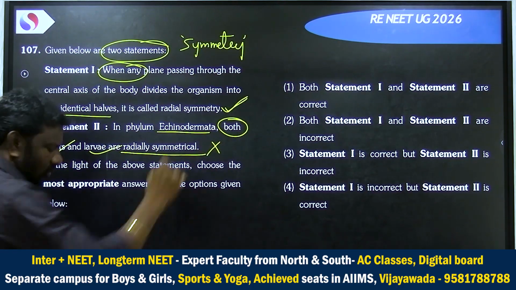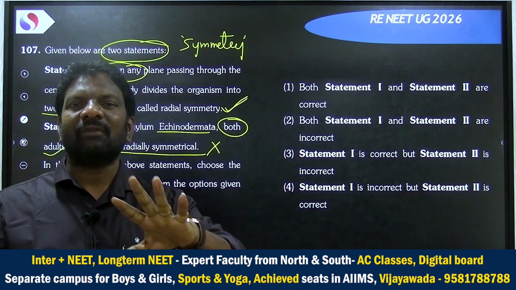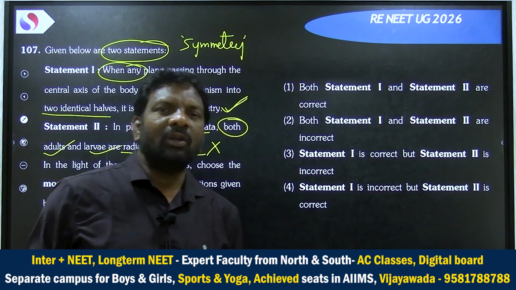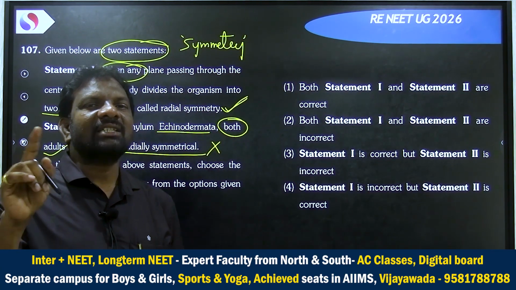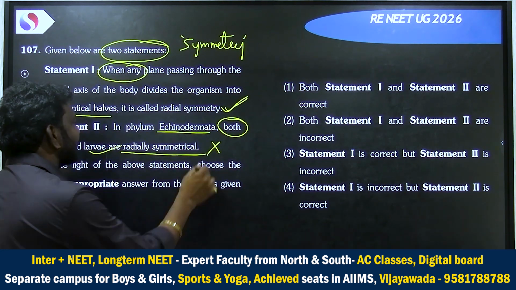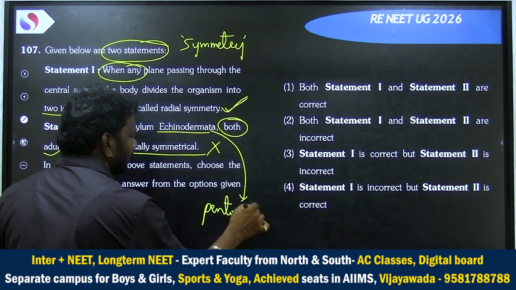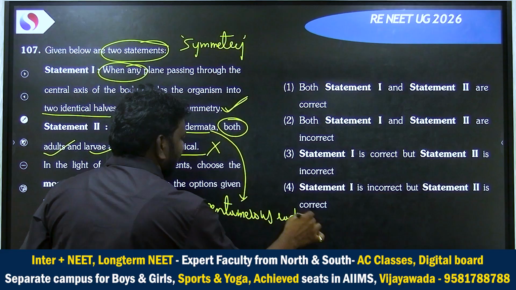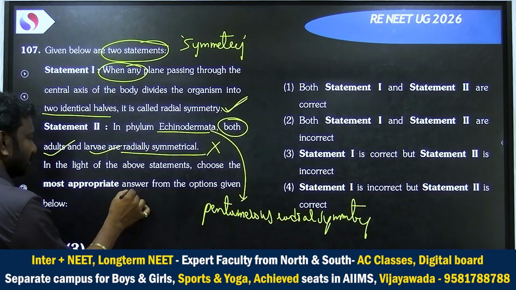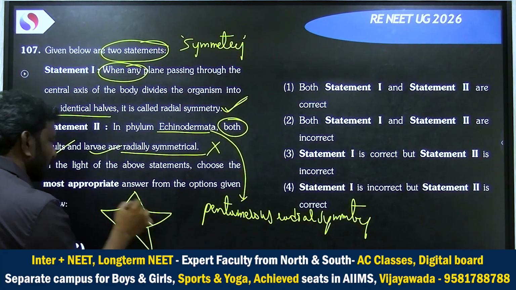This statement is wrong. Why? Because radial symmetry is the principal symmetry of all diploblastic animals such as Cnidaria and Ctenophora. But one triploblastic phylum, Echinodermata, also exhibits radial symmetry. That is pentamerous radial symmetry, which means they have 5 planes.